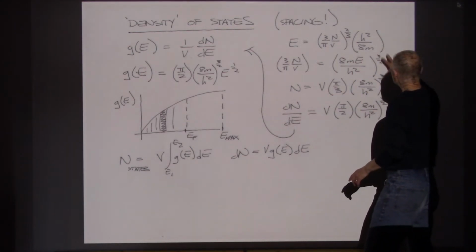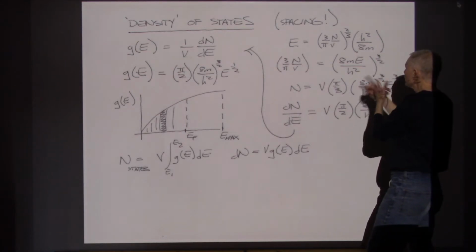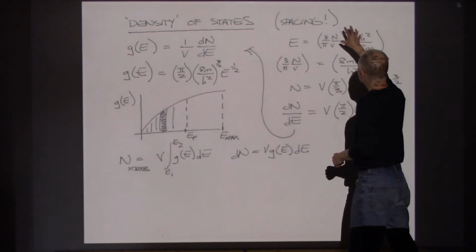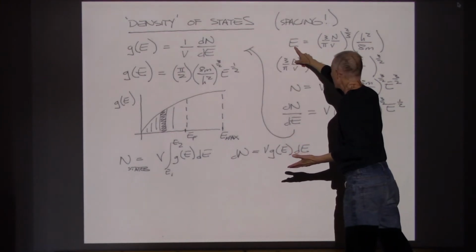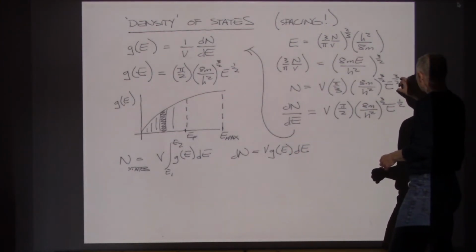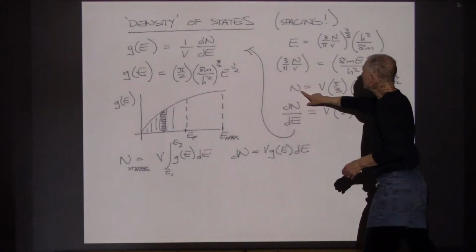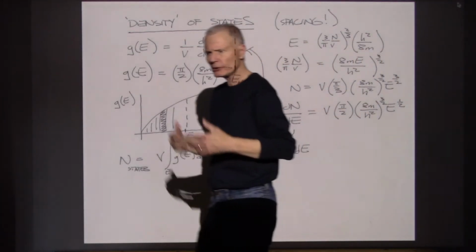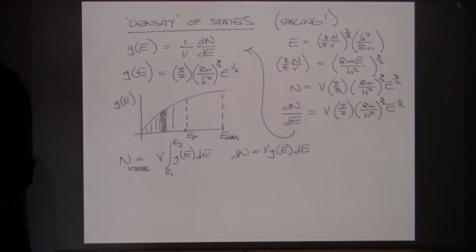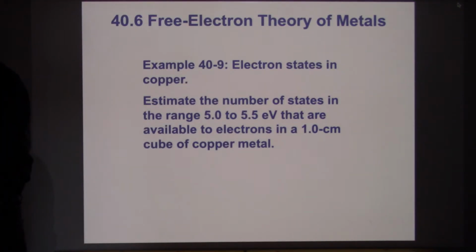So we've taken the formula and written it both ways. If they tell us which state we're looking at, we can tell them what energy that state will have. If they tell us what energy we're looking at, we can tell them what number, counting from the bottom up, which n value we will have for that particular state.